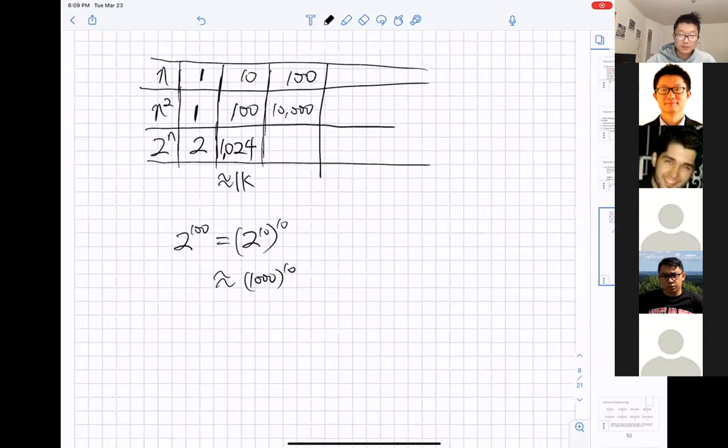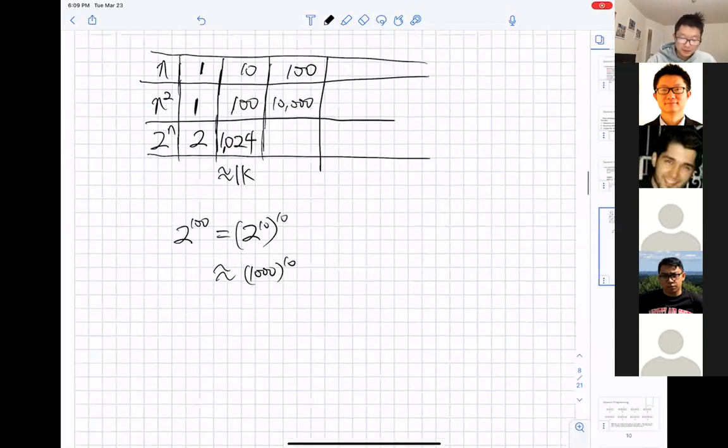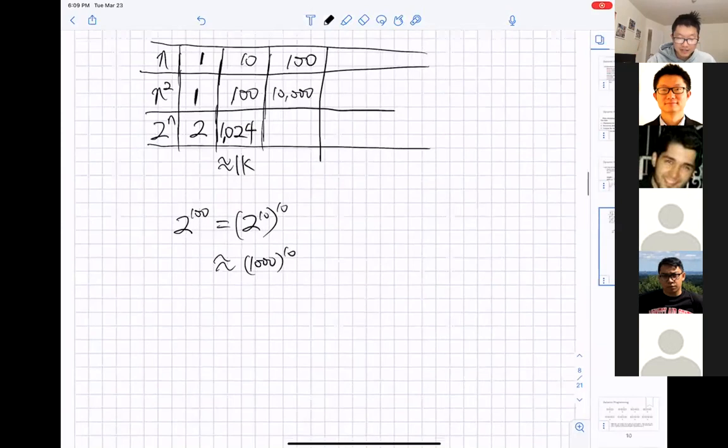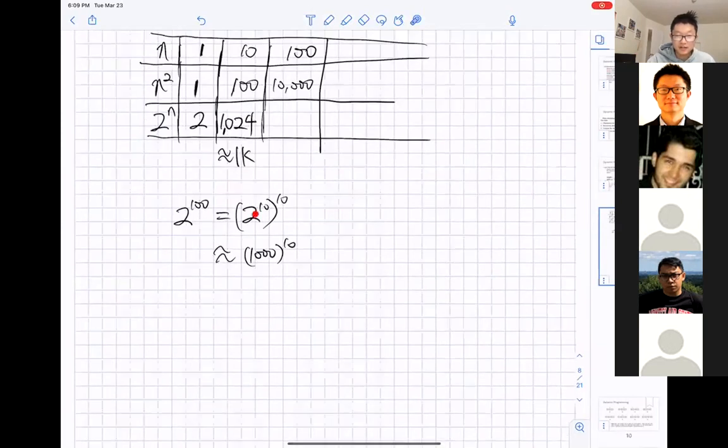The reason is that 2 to the power of 10 is basically a little bit larger than 1000, so we can replace 2 to the power of 10 with 1000, correct? Then this is going to be 10 to the power of 30.